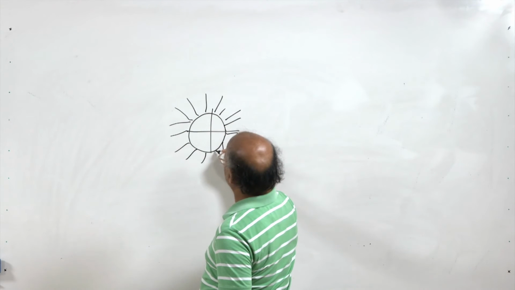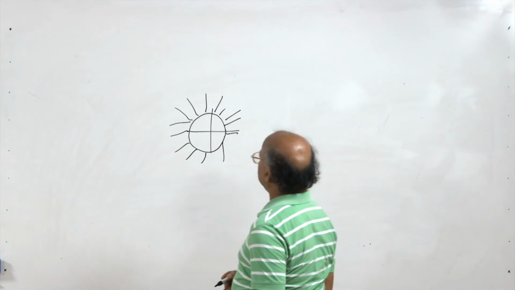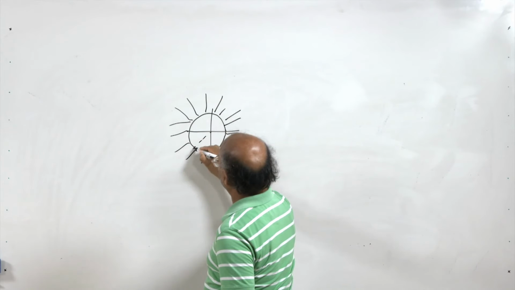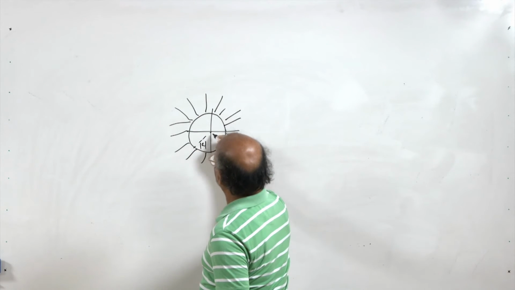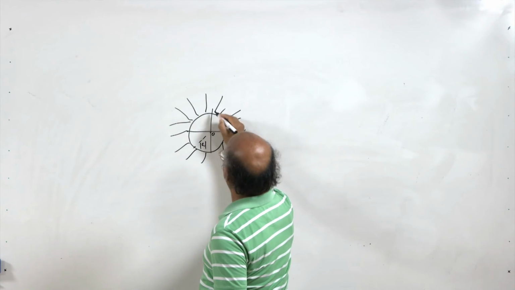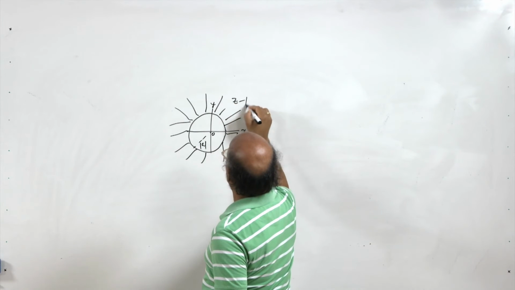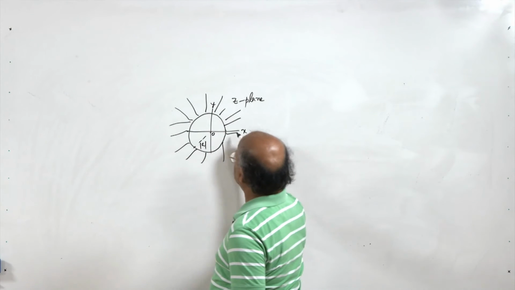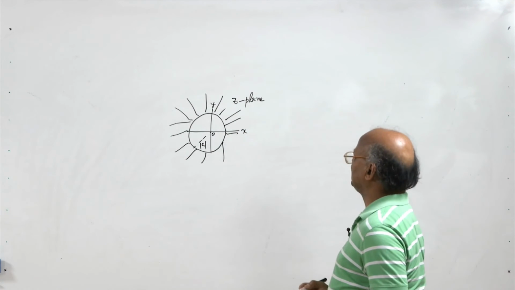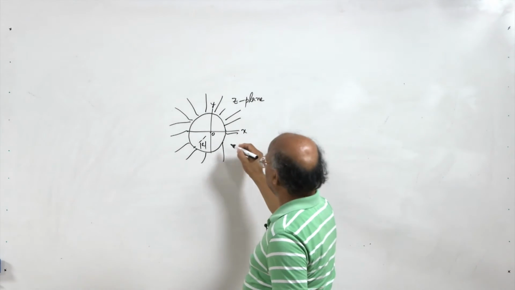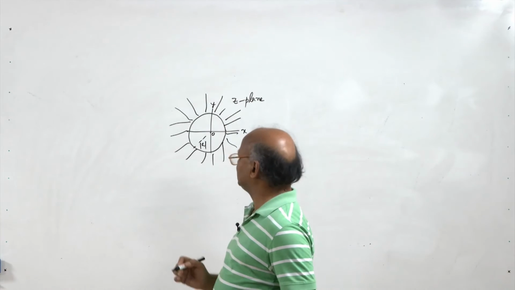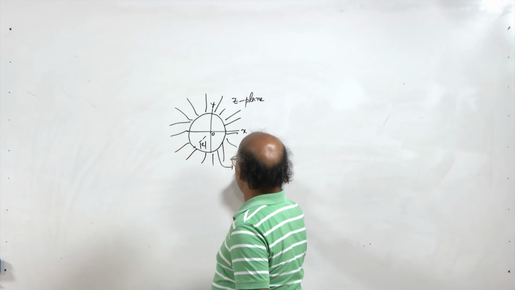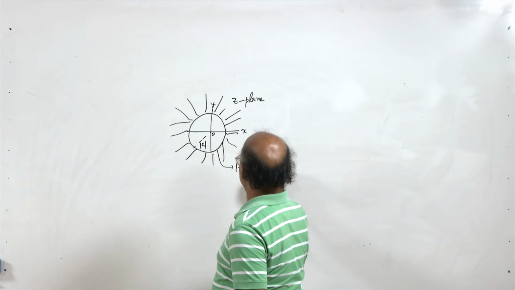If this is the circle with the radius mod of a in the z plane, then the region outside the circle mod of z equal to mod of a is this shaded region. So, the region of convergence is always outside this circle mod of z equal to mod of a.